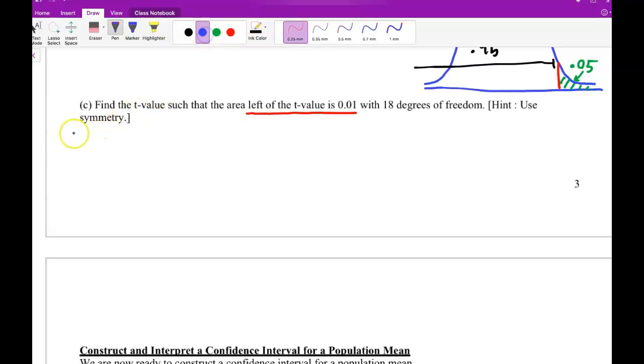I'll explain that one here. So I'll use the table. We have t, degree of freedom is 18, and we have 0.99 because this is area to the right, as I said. And then the answer for that part is 2.552.